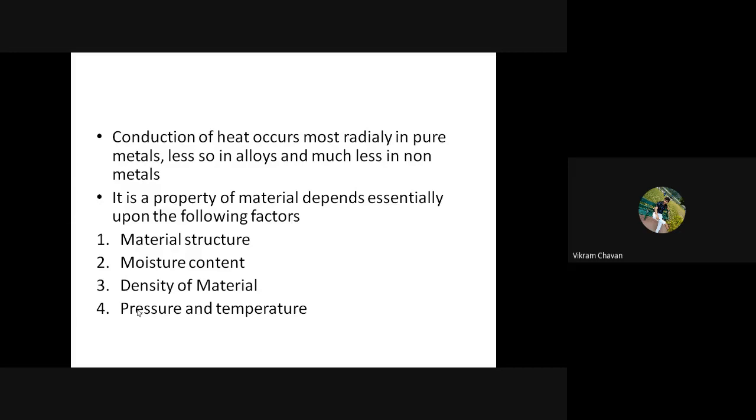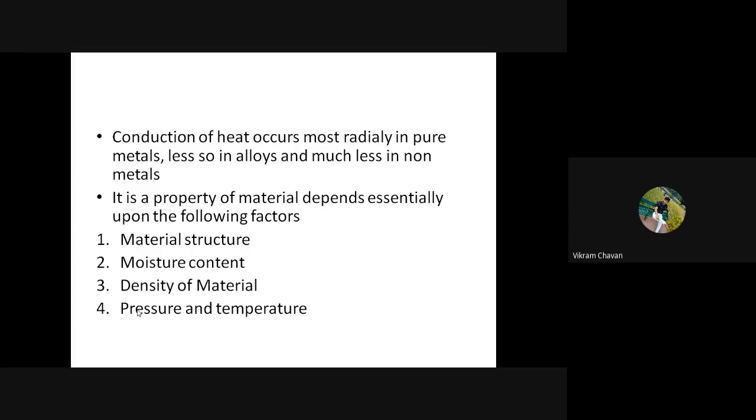So pure metals have higher thermal conductivity as compared to alloying materials. What are we doing in alloying? Alloying means we are adding impurities to a base material. So if you consider cast iron, and you add ferrous, nickel, chromium, then the composition of that cast iron goes on changing, and in a similar manner the thermal conductivity of that material also goes on changing.